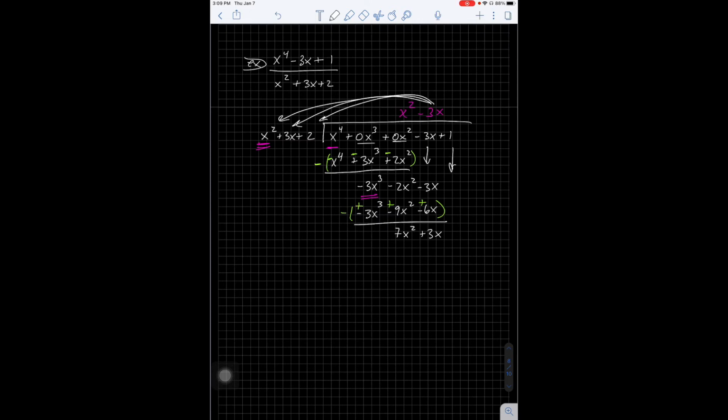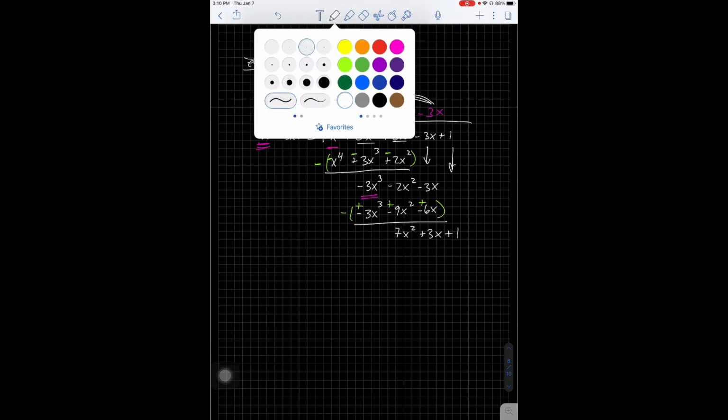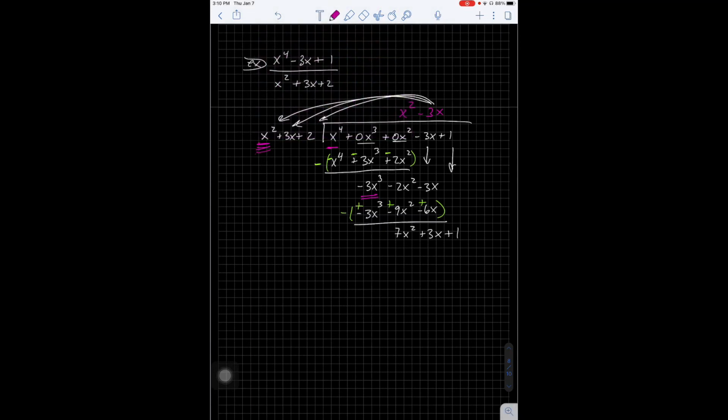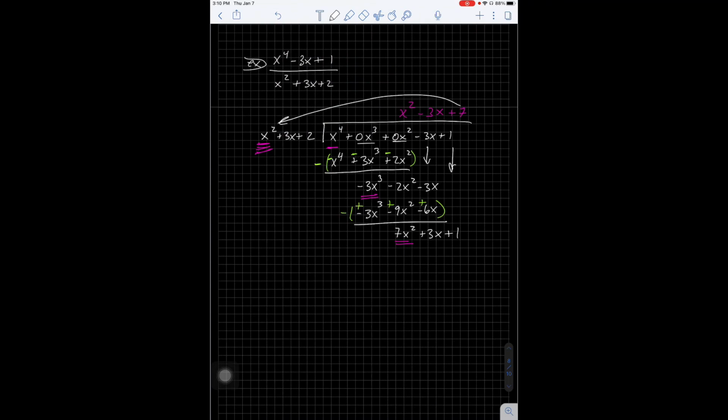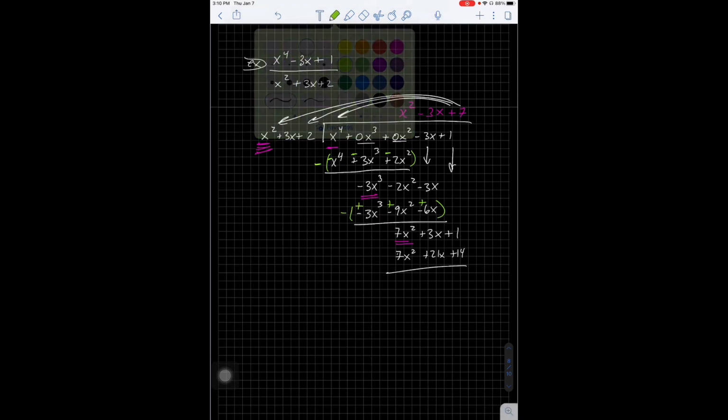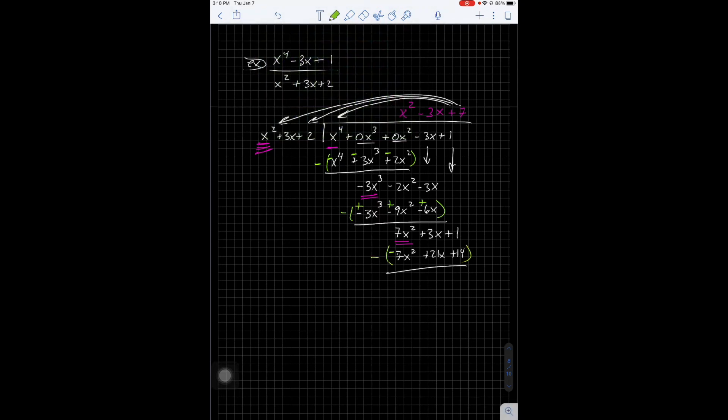Bring down the next number and do it one last time. So what do you multiply by x squared to get 7x squared? In that case, all I need is a 7. I'm going to multiply this 7 by everything: 7 by x squared, 7 by 3x, and a 7 by the 2. And I'm going to subtract, which is going to change all of these signs.